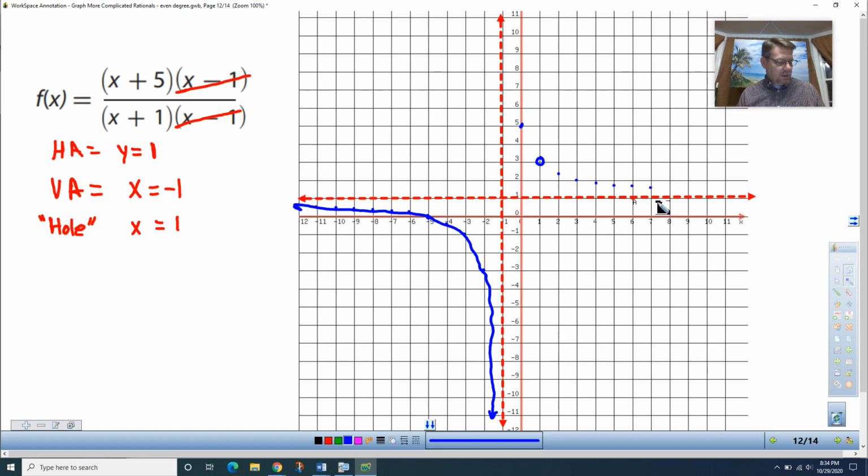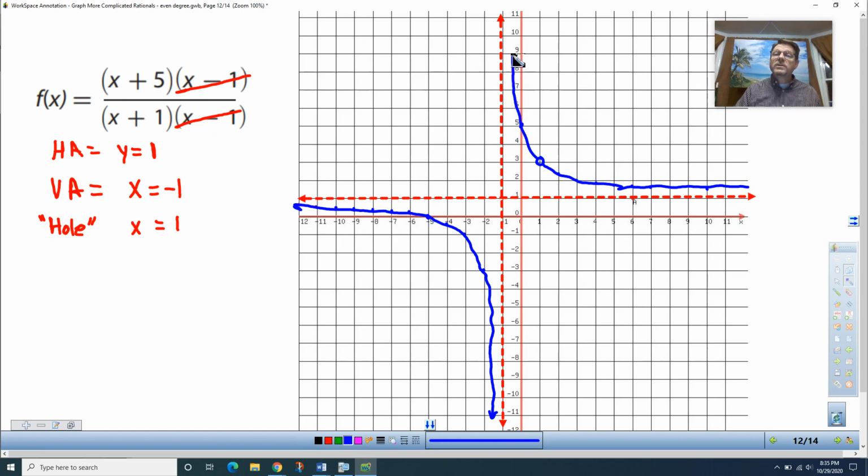Let me jump on out here to 10, all the way out to 10, and it's 1.3, 1.36, so it's about right there. I think we got the idea. So as we're coming from this side over here, and we're just kind of coming along here, it's just kind of hugging the asymptote, and then it starts making the turn, and it's going to come right up to this point here, jump over it, and keep on going.